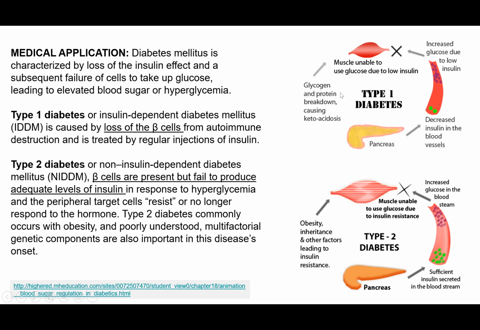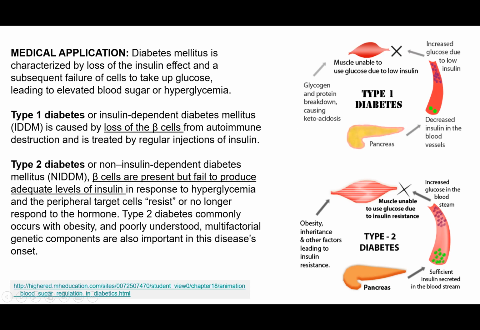So these are some nice little summary cycles of this. You get ketoacidosis here due to glycogen and protein breakdown. So your body is like, well, can't use glucose for some reason, so I guess I'll use other stuff. The muscle is unable to use the glucose due to the low insulin.